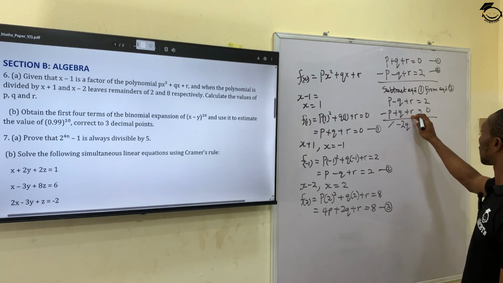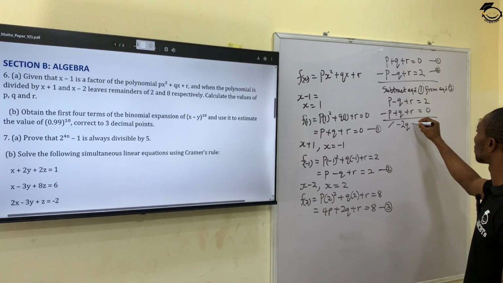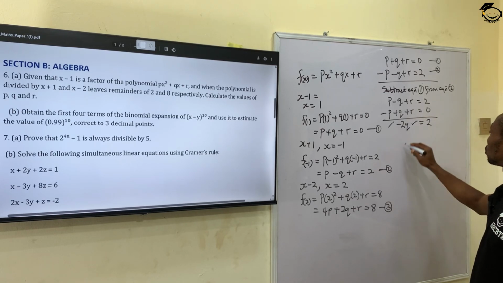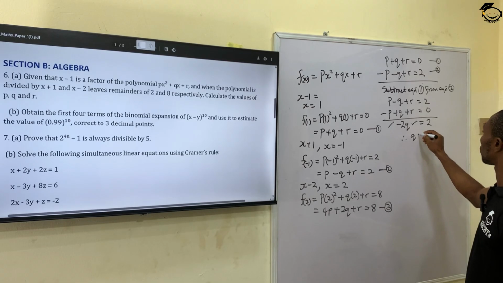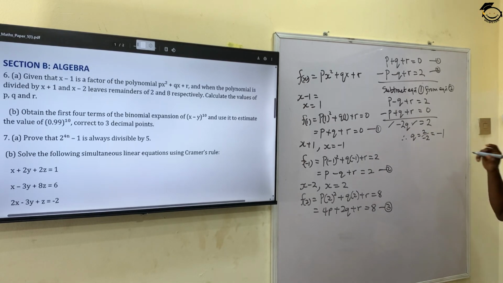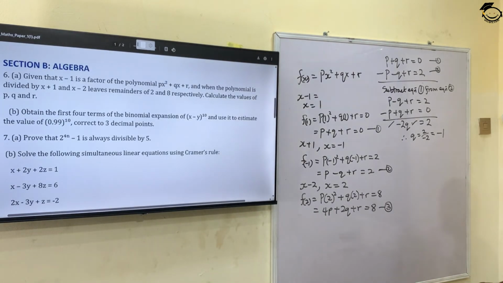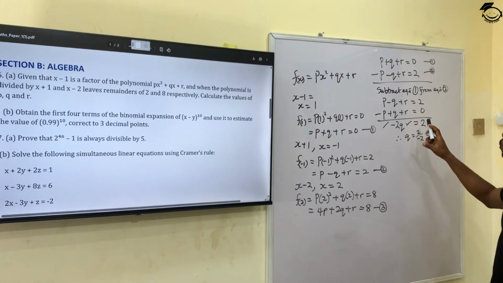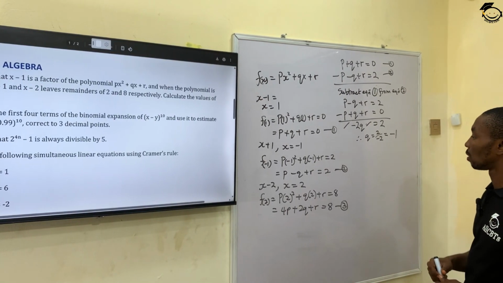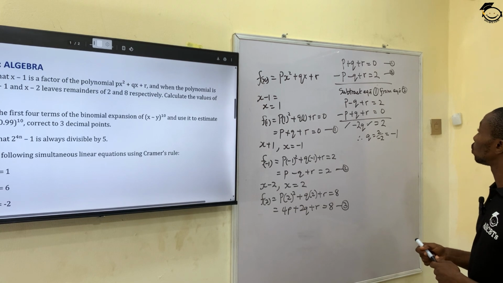Minus r plus r will cancel out to give us 0. 2 minus 0 will give us 2. So therefore, our q equals 2 over minus 2, which will give us minus 1. Now, bearing in mind that our q is minus 1, we can now solve using any of our equations. Okay, let's look at equation 3 or 2.